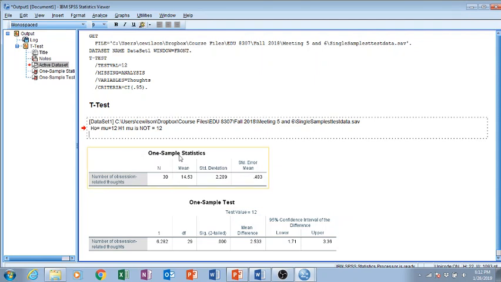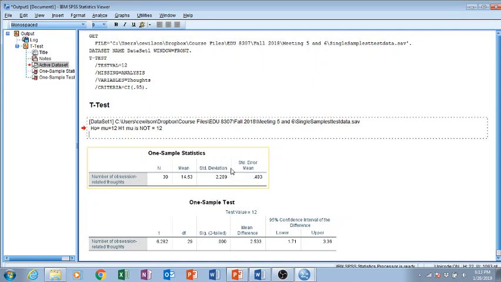I know now from SPSS that my one sample, size of 30, has a mean of 14.53 and a standard deviation of 2.2. Because we looked at the formula before, we know that this standard deviation is being used to estimate the standard error of the population, because we don't know the standard deviation of the population, do we?